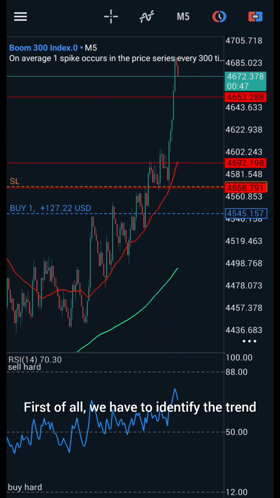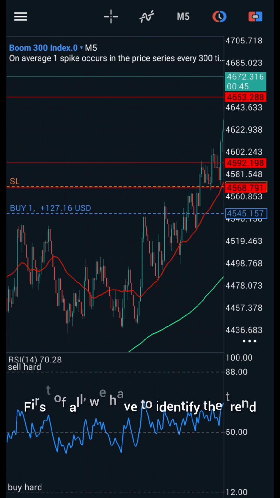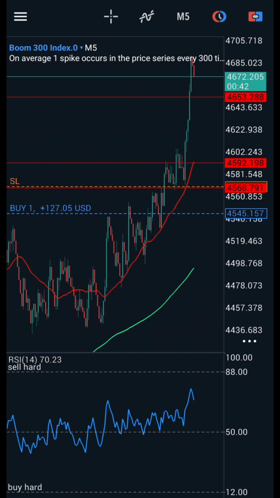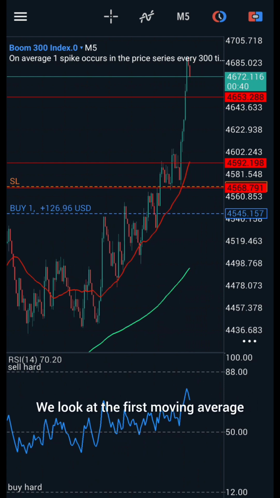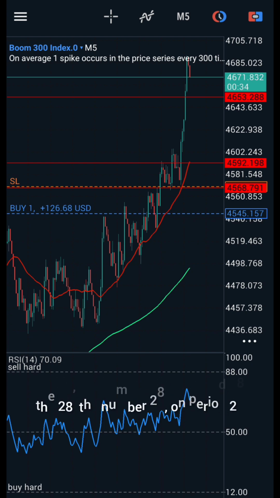First of all, we have to identify the trend. We look at the first moving average, which is the red moving average, on period 28.